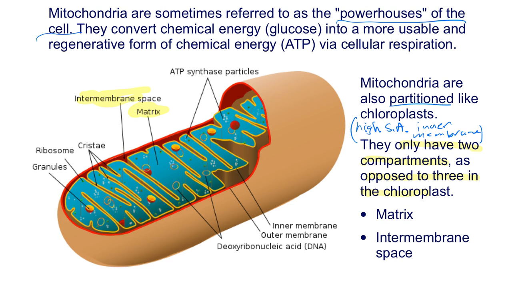Okay, so same thing. Mitochondria has two layers, two membranes. It has an outer membrane and then a highly folded inner membrane, very folded up, a lot of surface area. Between the outer and the inner membrane is called the intermembrane space, just like it is in a chloroplast. The space inside, surrounded by the inner membrane, is called the matrix.